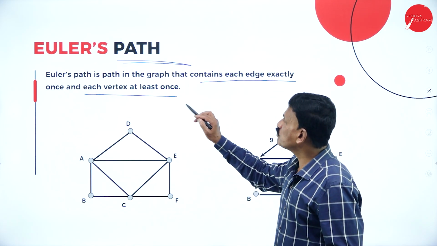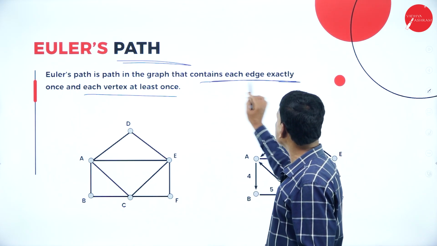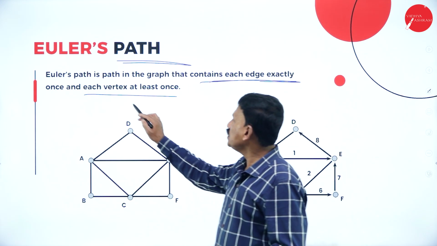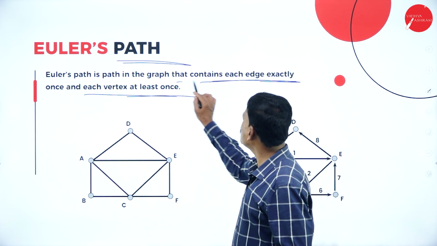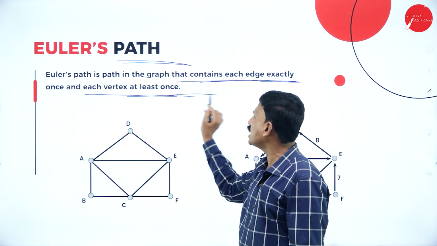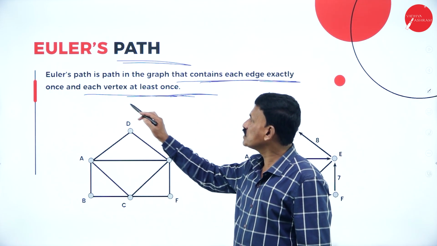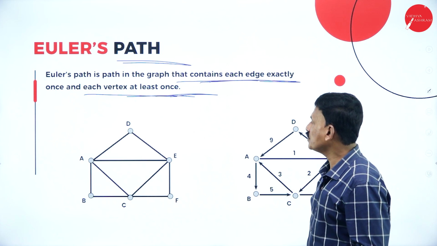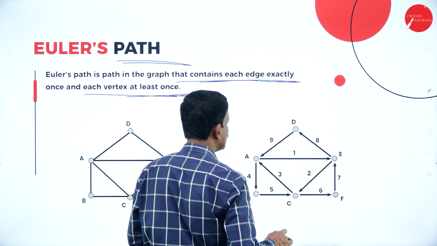We have to connect each edge exactly once and each vertex at least once. Such a path is called an Euler's path. Now let us take a simple example.